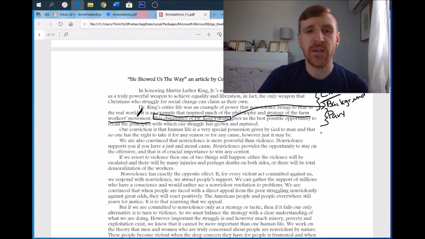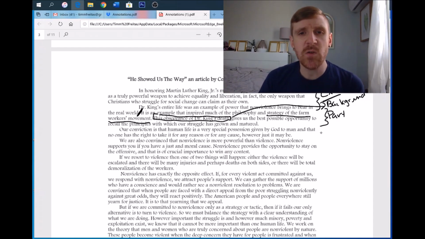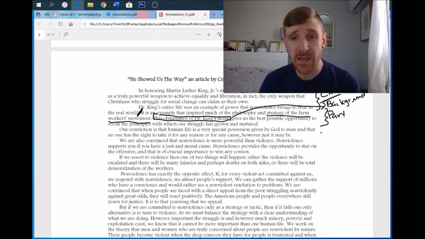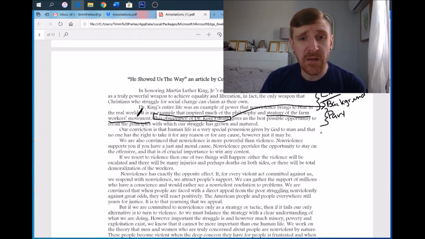And it starts here: "Our conviction is that human life is a very special possession given by God to man, and that no one has the right to take it for any reason or any cause, however just it may be. If we resort to violence..." I skipped a section, right? "We are also convinced that nonviolence is more powerful than violence."